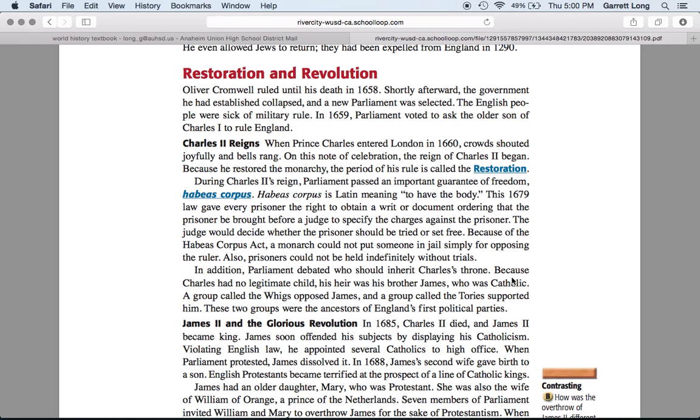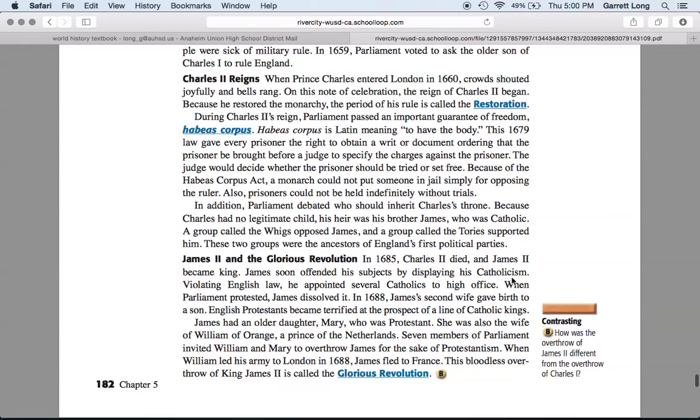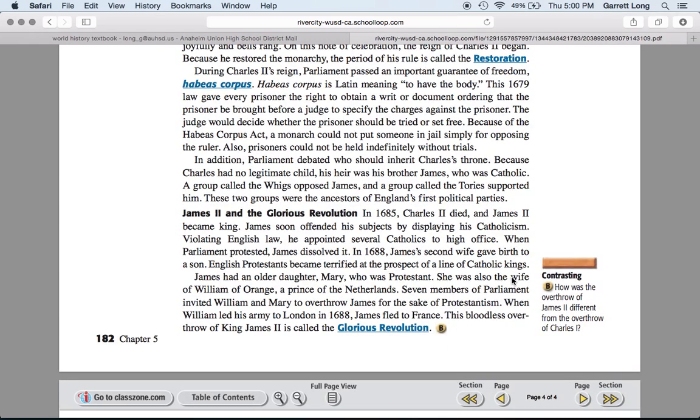And Catholics are not liked at all. And James II does not get along with Parliament whatsoever. For one reason, James II starts to appoint his friends, or people that he knows that are also Catholics, to high-ranking government jobs. They become members of Parliament. And this does not make Parliament happy at all.